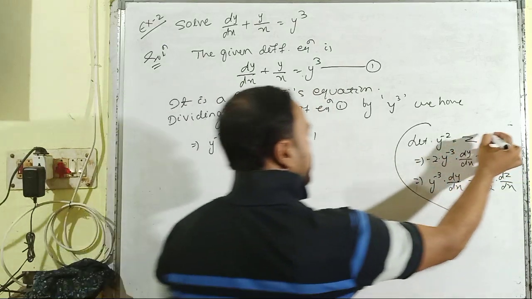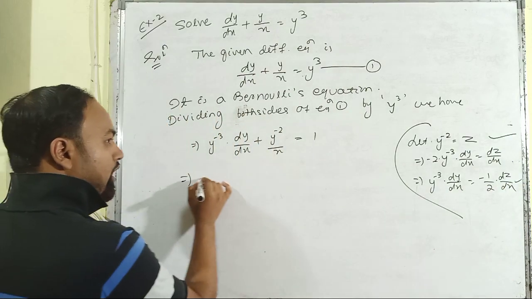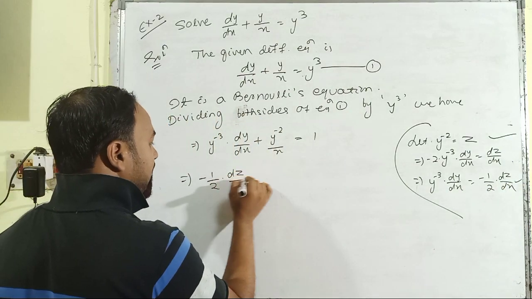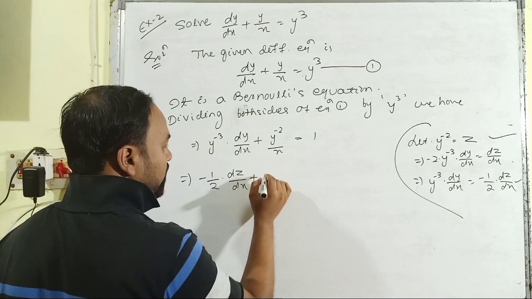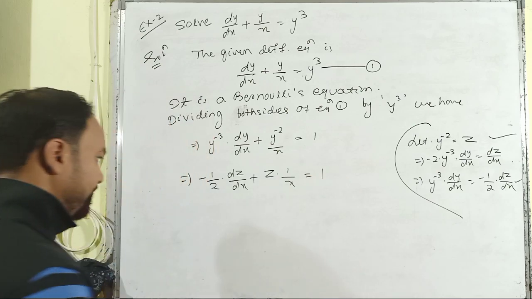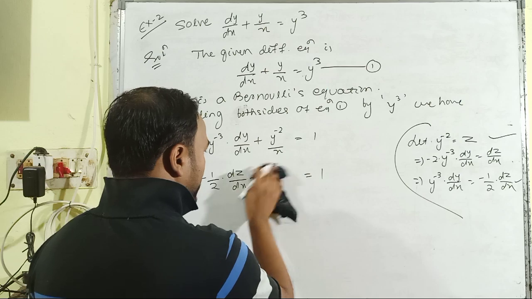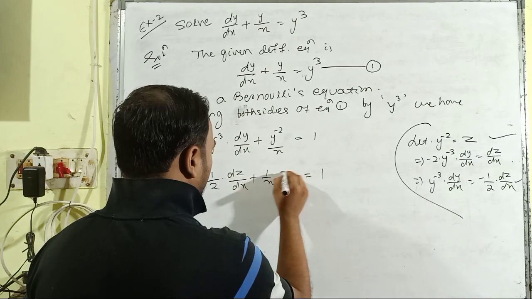Then we substitute these two parts in the given equation, and we have -1/2 dz/dx + z multiplied with 1/x is equal to 1. You may write 1/x multiplied with z.